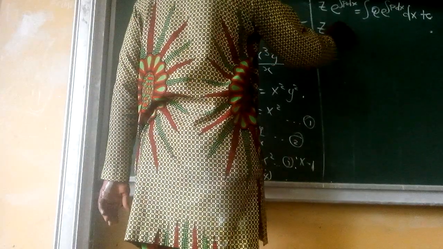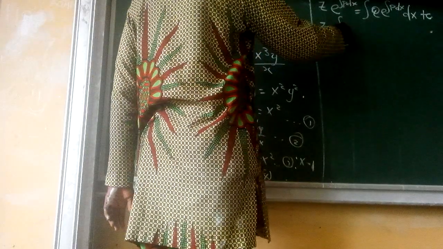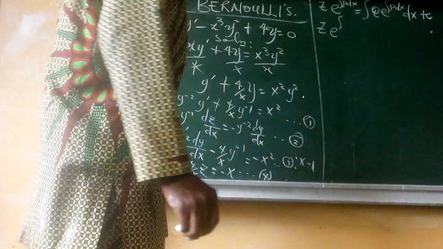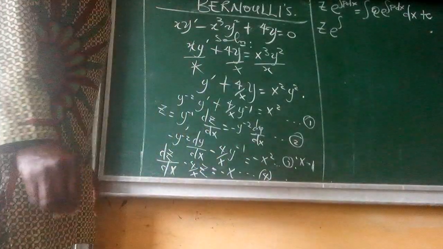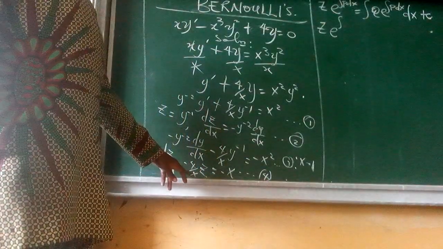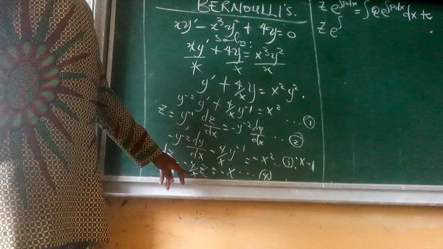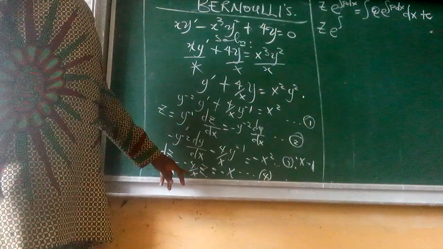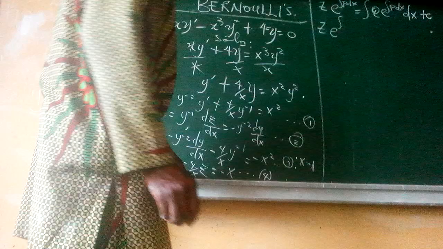But we will now use z exponential integral p. P becomes the value to represent the integrating factor, which is exponential p dx. Exponential p dx is the integrating factor.